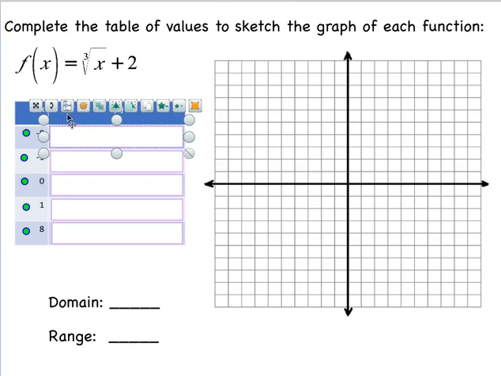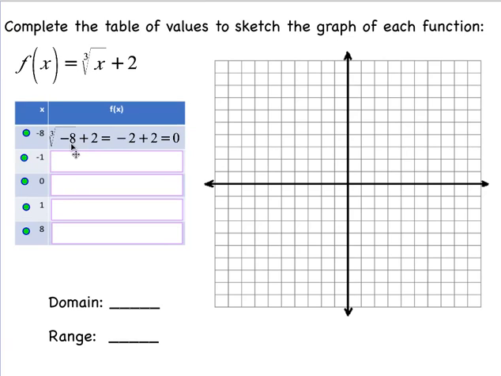Again, because I know that I can take the cube root of -8, I selected to take the cube root of -8 and then add 2. The cube root of -8 is -2, plus 2 is equal to 0. So at -8, instead of being at -2, we're going to be at 0.